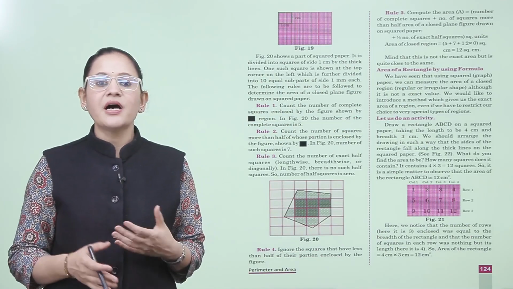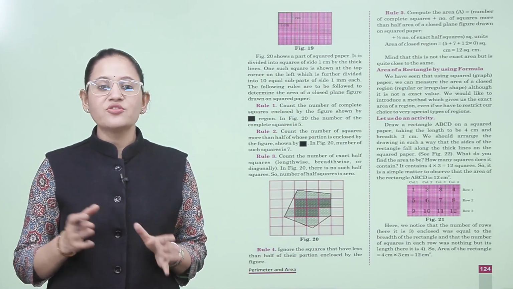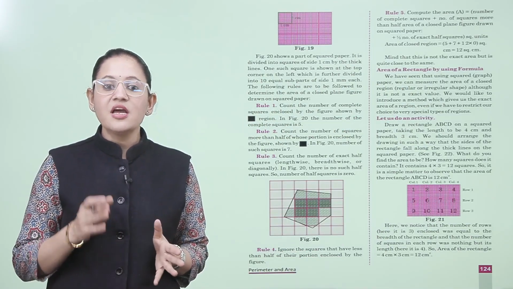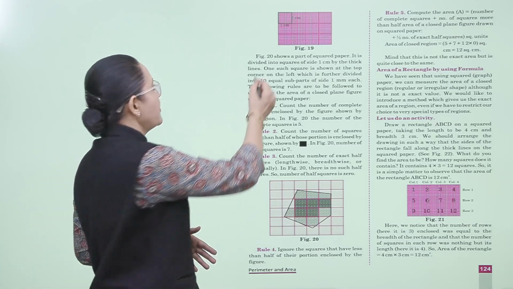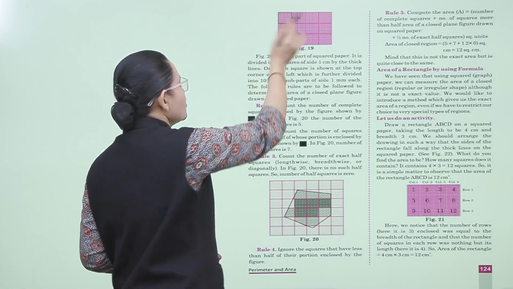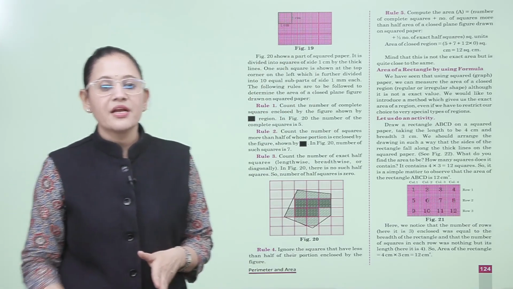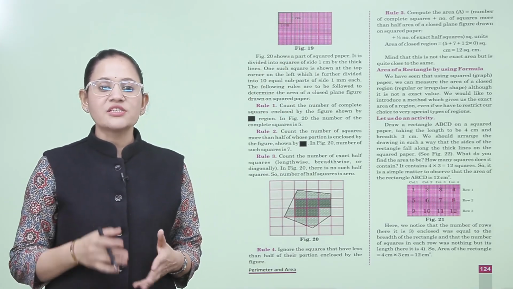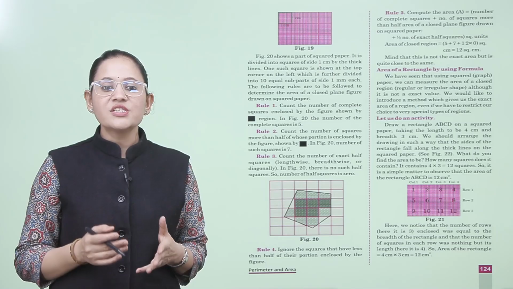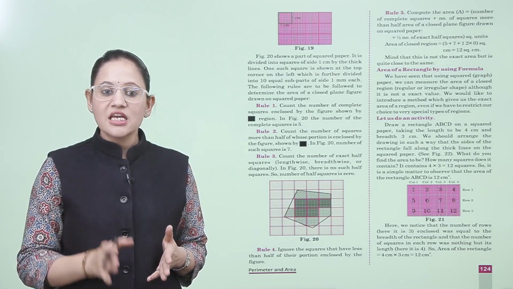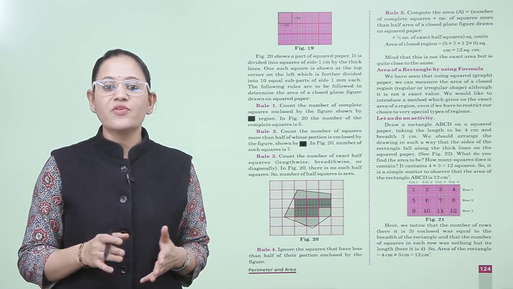Figure 20 shows a part of the square paper. It is divided into squares of side 1 centimeter by the thick lines. Here you can see by the thick lines it is divided into squares of 1 centimeter. Clear? One such square is shown at the top corner on the left, which is further divided into 10 equal subparts, each of side 1 millimeter.